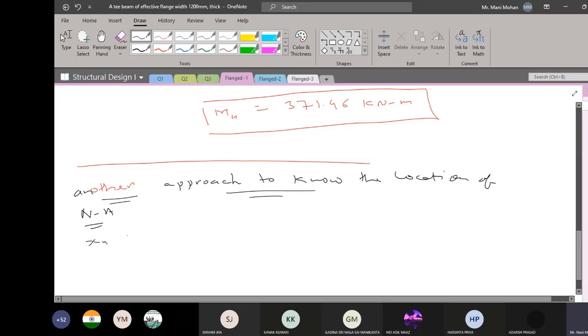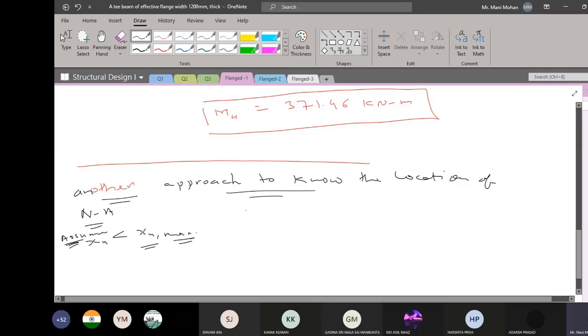Your neutral axis XU is less than XU max. So this one has to be there. So assume, which has to be confirmed. Why am I assuming this? Because if I assume XU less than XU max, it means my reinforcement is yielding. And also, most of the times when you are designing your reinforced concrete structure, you always want to make sure that your tension reinforcement yields. So this assumption is always kind of valid. So always I'll go for assuming XU less than XU max.